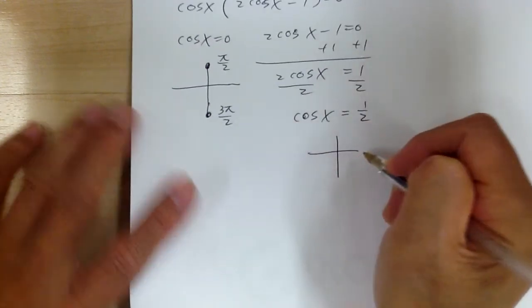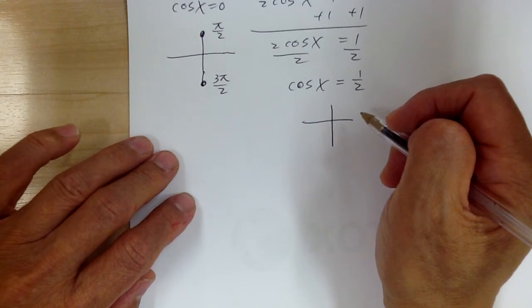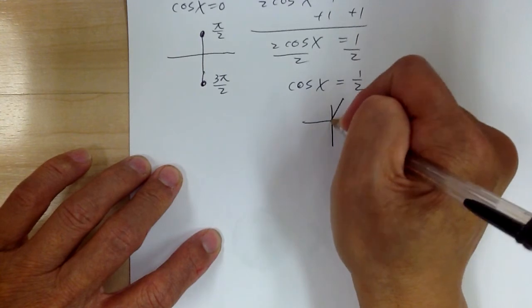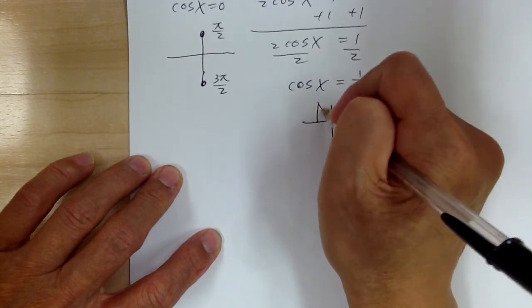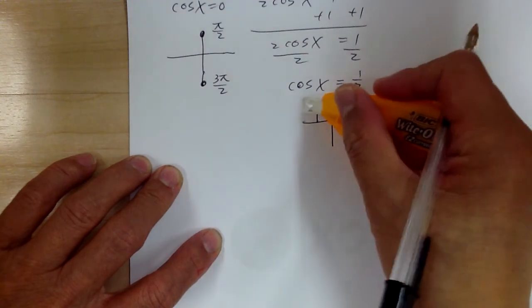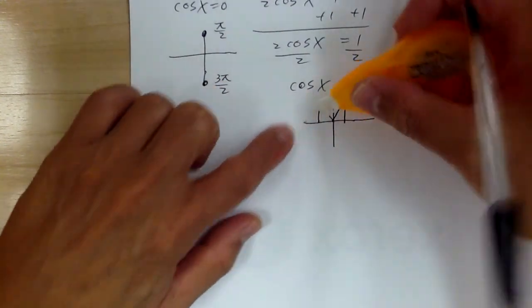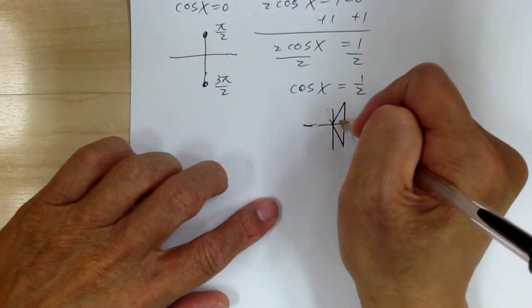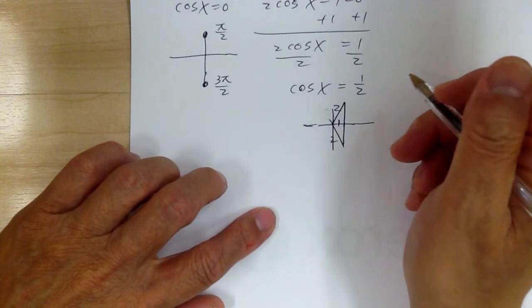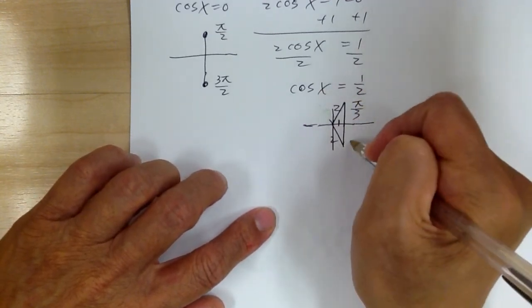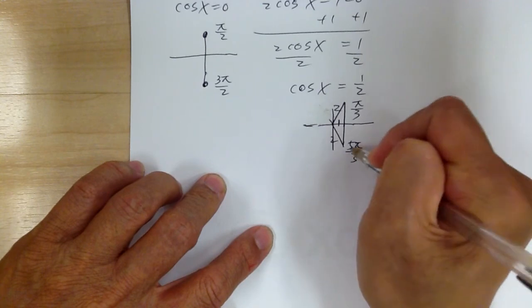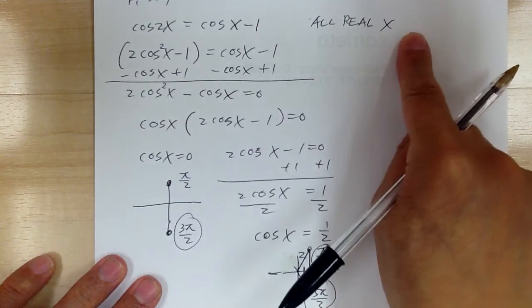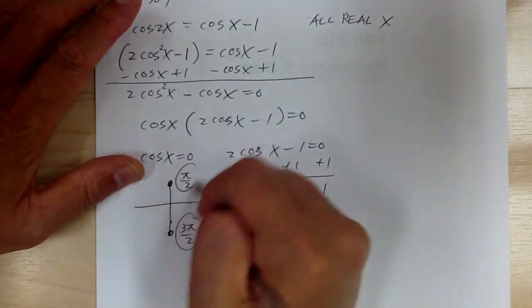If you draw your triangle, cosine is 1/2, so you get this one here, and you get this one here, right? So this one is going to be pi over 3, and this one is going to be 5 pi over 3. So those are your 3 answers, right? But this one is for all real x, meaning you can keep going around the circle.